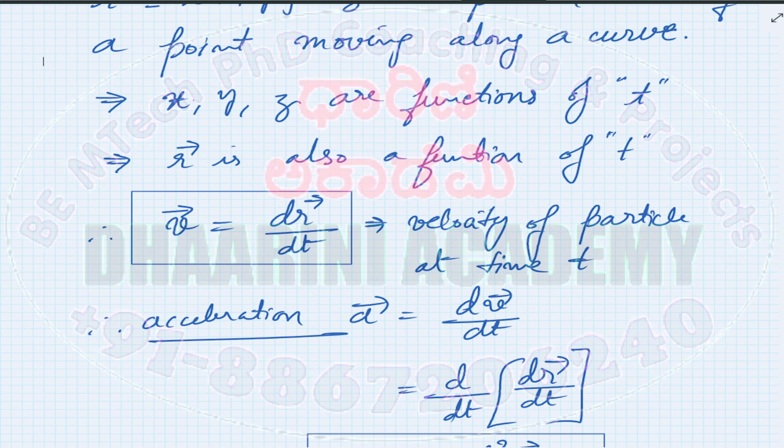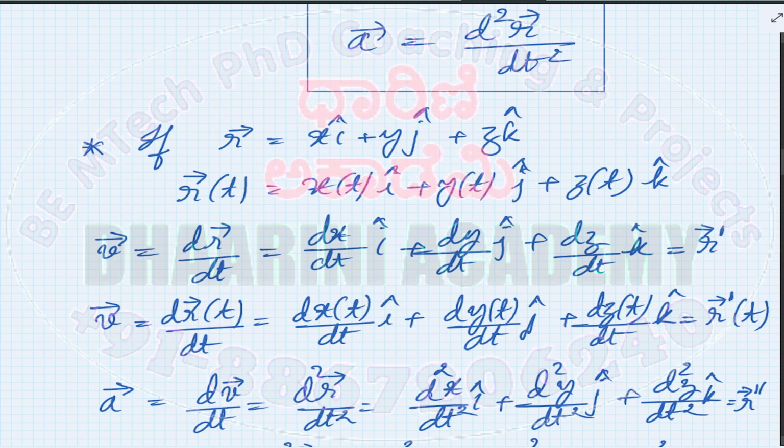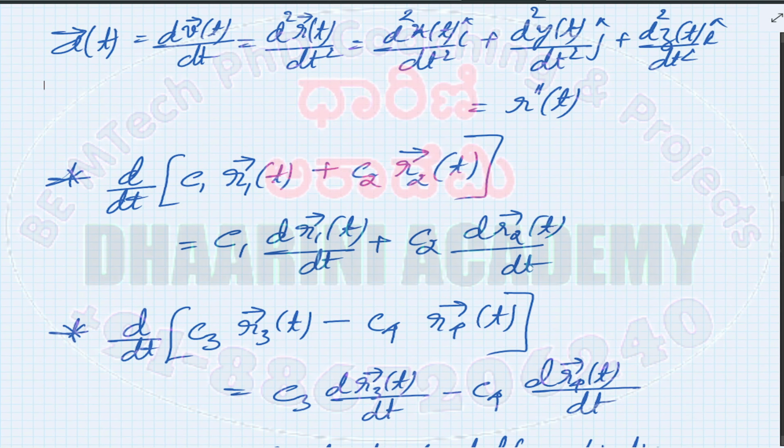The same thing should be applicable here as well, because there is a vector v and I should be able to differentiate that, since vectors can be differentiated. So d by dt of dr by dt, which is d square r by dt square, is the acceleration. Then we saw all these kinds of notations. You can use either the variable t inside the brackets, or you can neglect that.